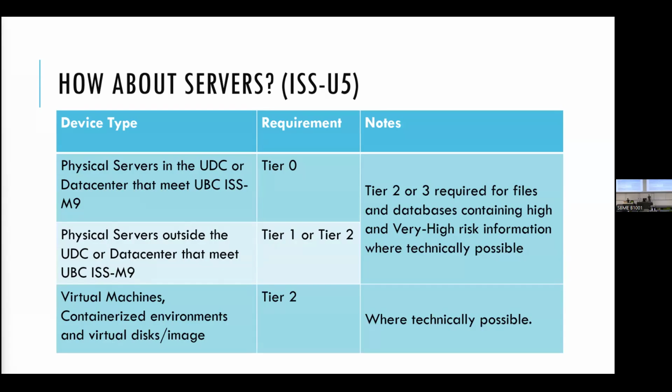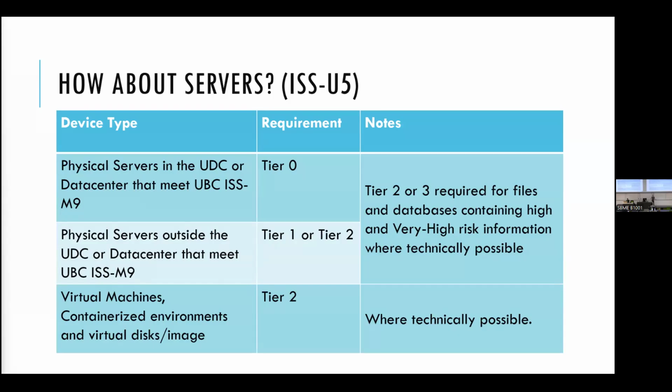Okay, so for those that work, say, with servers, either in a data center or in a lab, this changes things a little bit. When it comes to servers that live in the UBC data center, or a data center similar to the UBC data center, there's another information security standard here, security standard M9.